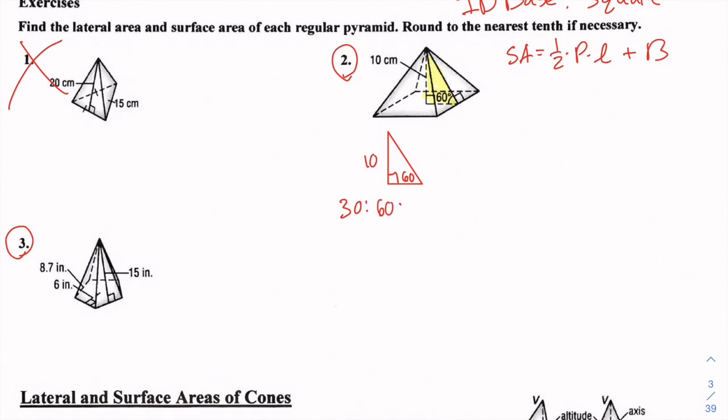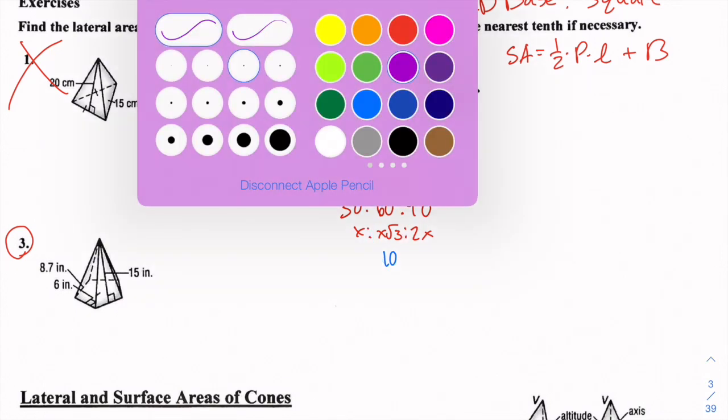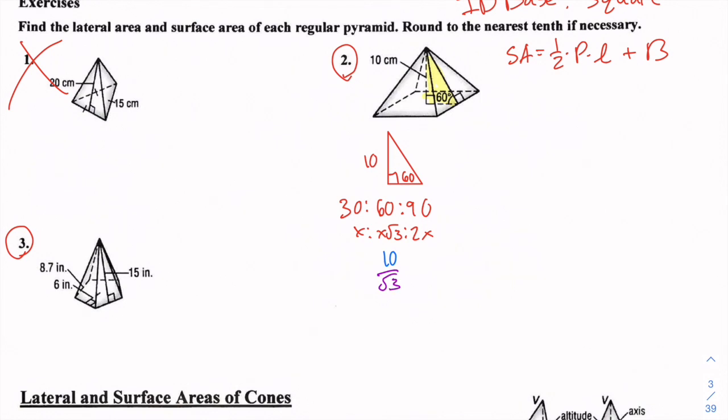30, 60, 90. Okay, x, x radical 3, 2x. So I have the 60. The 60, opposite that is the 10. So how do I go from 60 to my 30 degrees? I need to divide by radical 3.